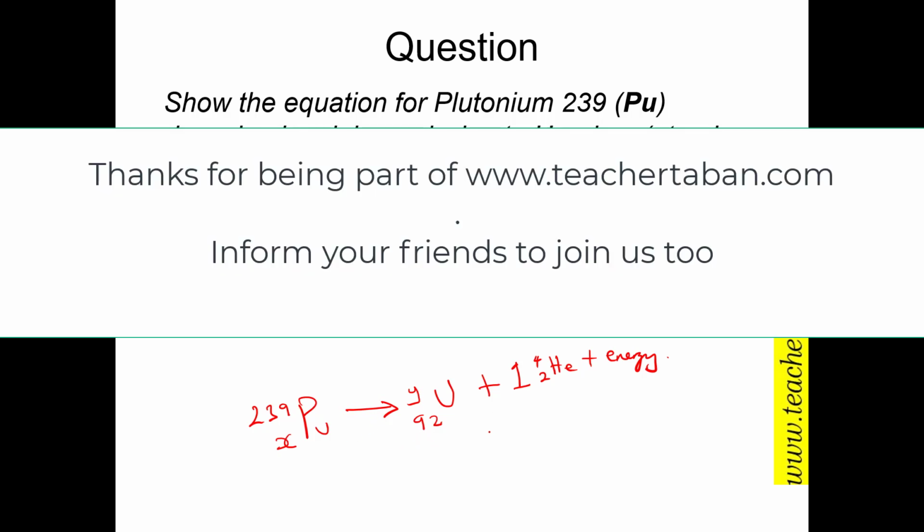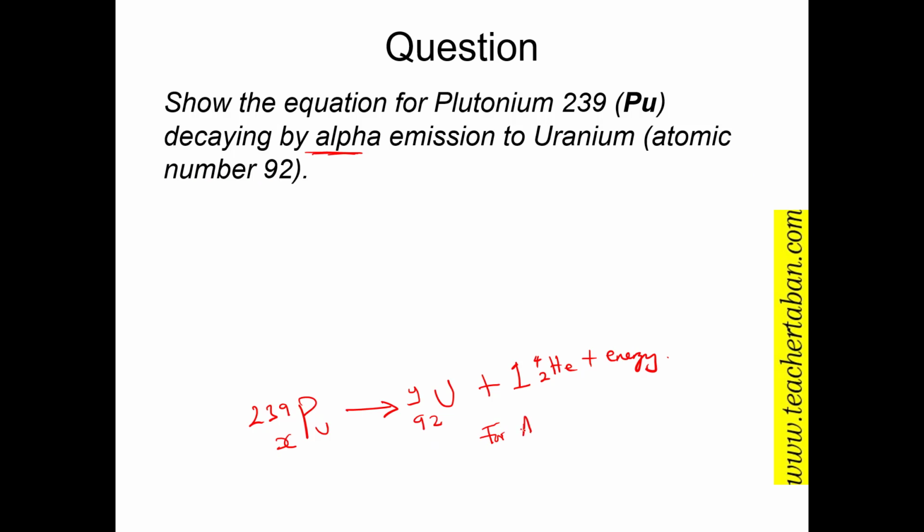So what do we do here? For the atomic mass, on the left-hand side I have 239, and on the right-hand side I have y plus 1 times 4, because we have only one alpha particle. So you find the value of y as 239 minus 4, and get the answer as 235. So that is the y. Then you do the same for the x.